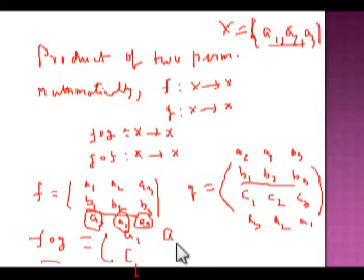A2 will be C2, meaning A2, and A3 will have C3, meaning A1. So in this way the product of permutations is done.